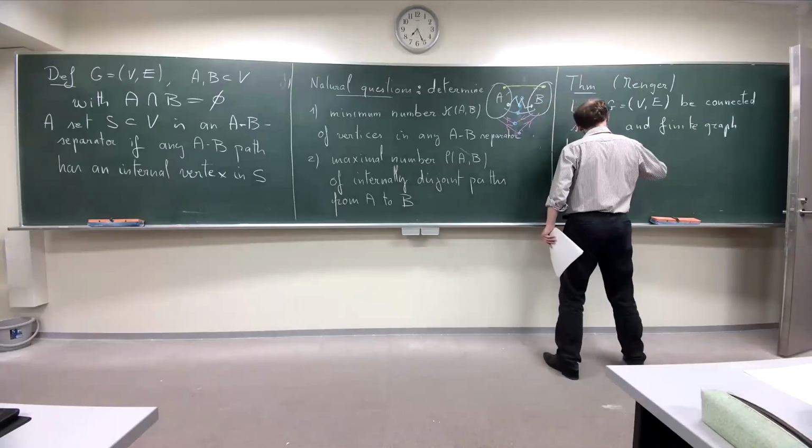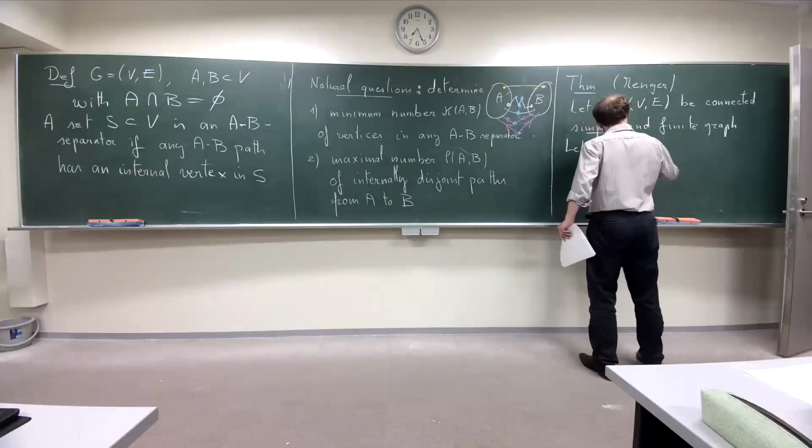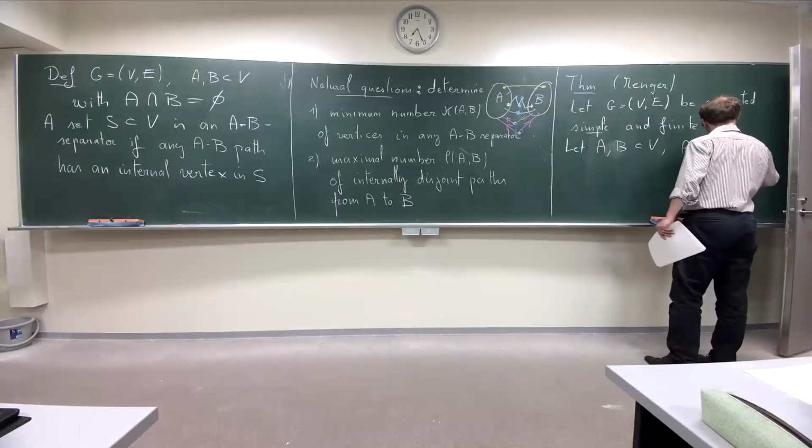Let A and B be inside V, A intersection with B the empty set.